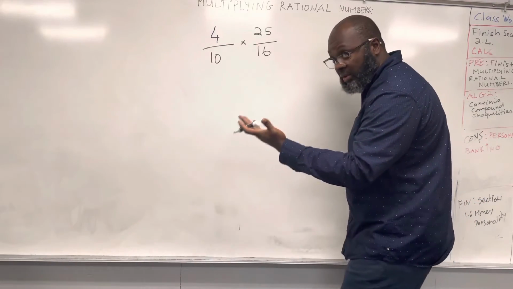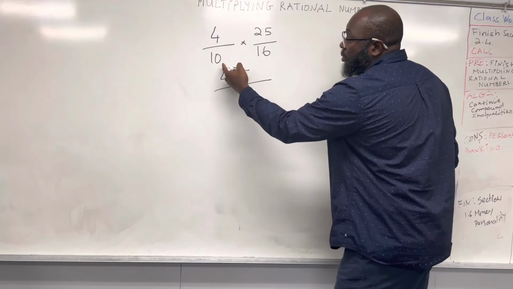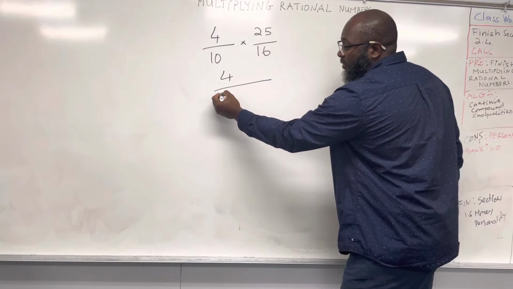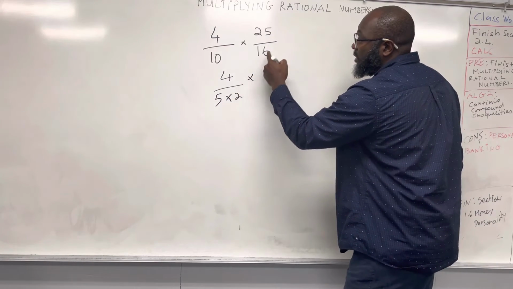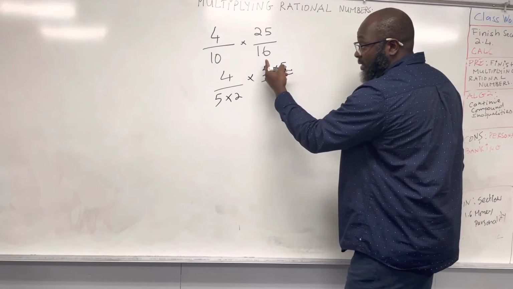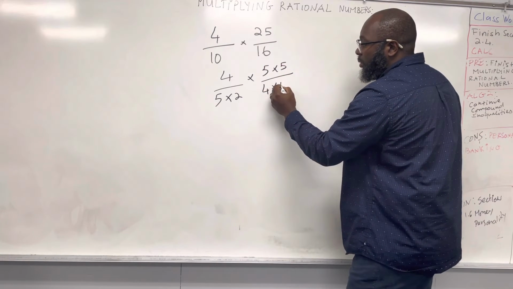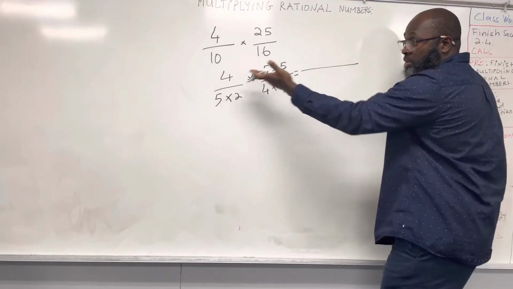But I know that there's a connection between 4 and 16, so I'm going to leave 4 as 4. But I'm going to break down 10 into 5 times 2. I'm going to do the same thing here: 25 will be 5 times 5, and 16 will be 4 times 4. Now, this can all go on the same line because we are multiplying across.